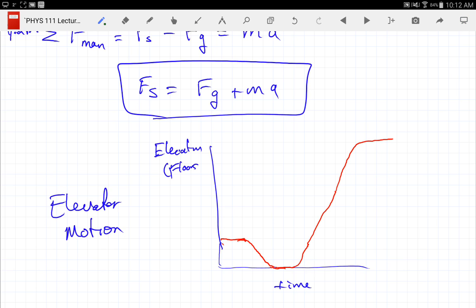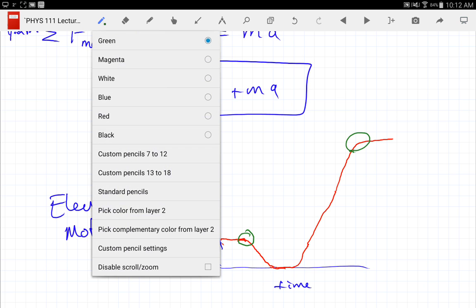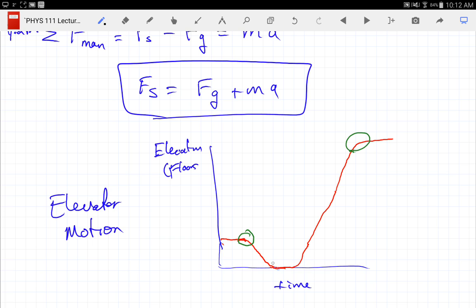Not exactly. It was accelerating downward here when the slope was changing, and then again at the top when the slope was changing there. What about the acceleration at the other two places where the slope was changing? What's the acceleration here and here?